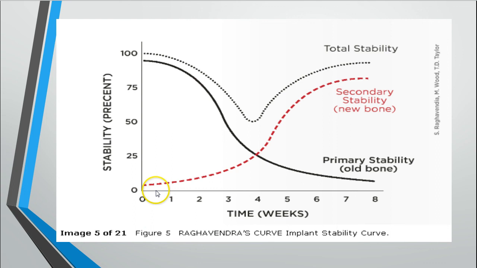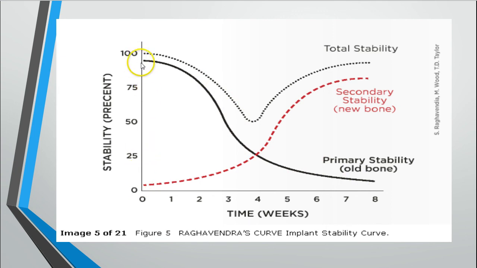Just to recap, primary stability is the torque when you're placing the implant into the bone, how stable that implant is within the bone, and this line right here is called the primary stability line in this graph, measured against the stability of the implant.